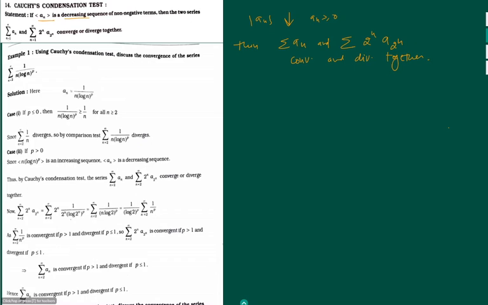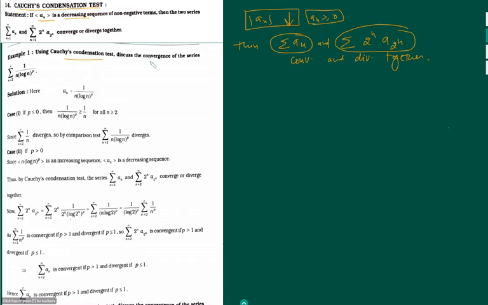So this is Cauchy's condensation test, that this series and this series converge and diverge together provided An is a decreasing sequence of non-negative terms.